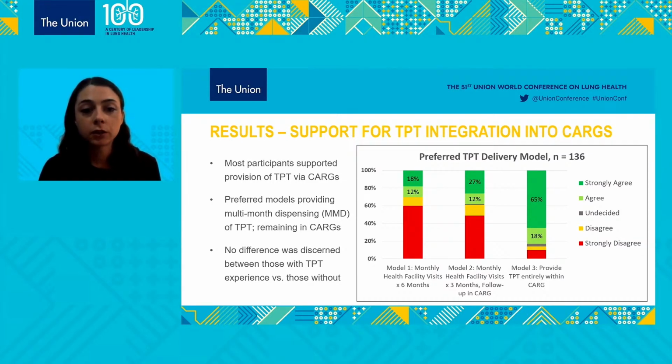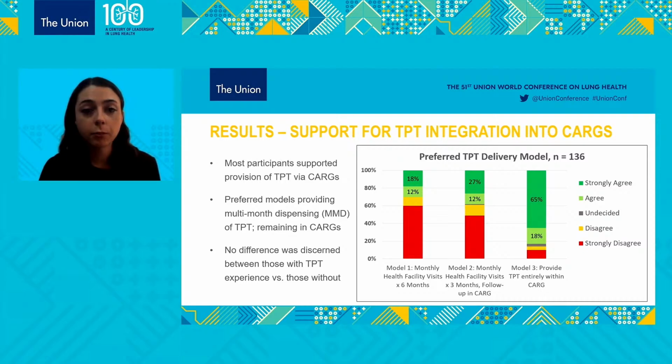Model 2 in the middle involves the patient leaving the CARG for the first 3 months of TPT, with monthly clinic visits. If they're doing well after the first 3 months, they're able to rejoin the CARG for the rest of the TPT, and they're monitored by their CARG leader.